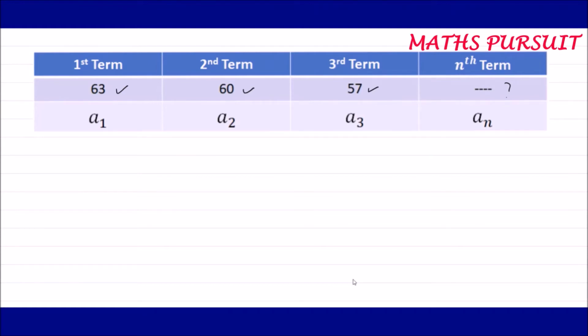Now let us assume that n terms of the given arithmetic progression be taken to get a sum of 693.